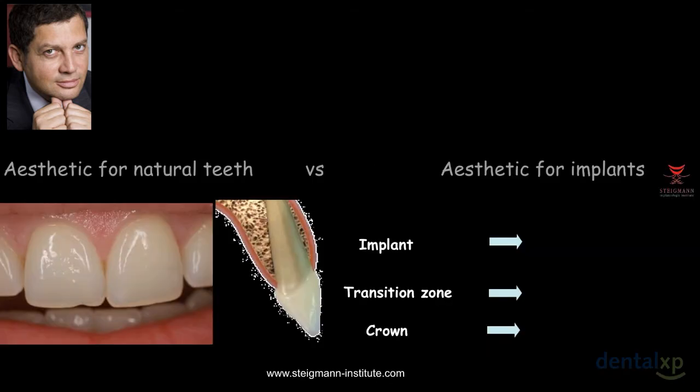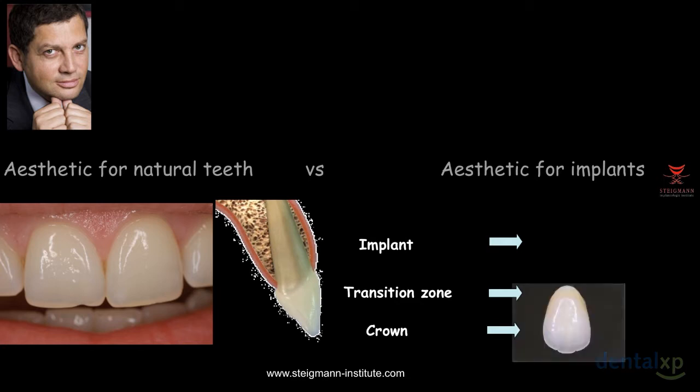When we look into implant restoration versus the natural tooth, we see that we have a zone which is different. First, in the case of backward planning, we plan first the crown, which will be the final result, then the implant positioning according to the crown, but it's very important to understand that we plan from the beginning for the transition zone, and then the soft tissue support could be similar to that of the natural tooth, because in a natural tooth, this transition zone maintains the soft tissue.